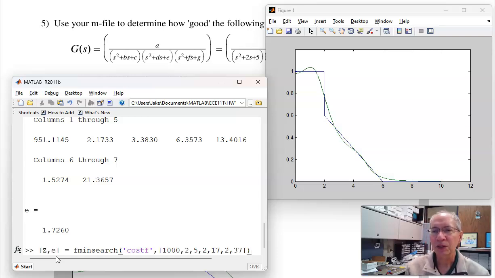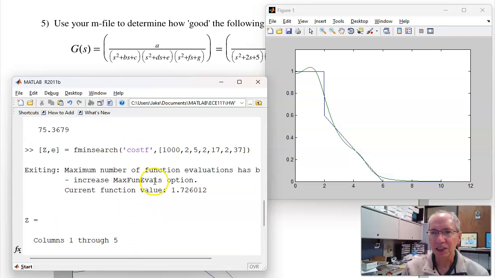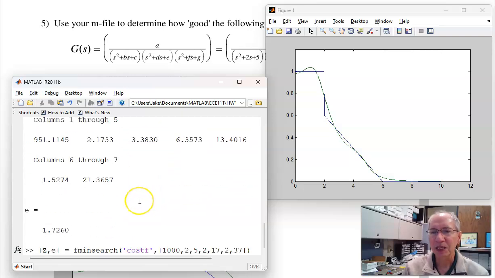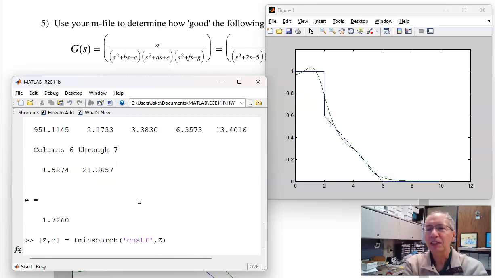Sometimes it kicks out due to max iterations, and you can see that here. It kicked out because after so many iterations, it says, enough, I give up. If I tell it to keep going from where it left off, it will see, can I do better? Currently the cost is 1.72. Can I make it smaller?